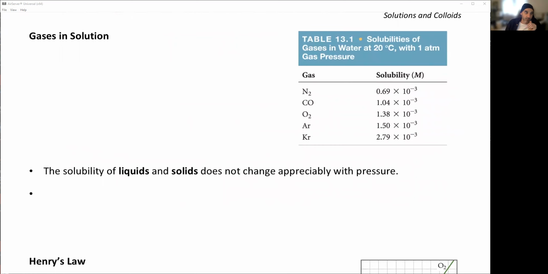So gases in solution. It's pretty simple. The only forces that really hold gases together are London dispersion forces. So in terms of solubility of gases, the greater the molar mass equals an increase in size. Increase in size leads to greater polarizability.